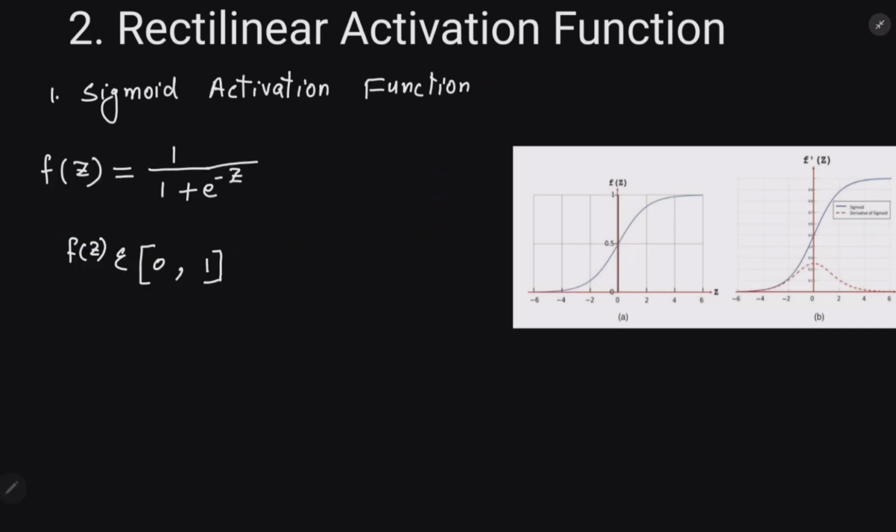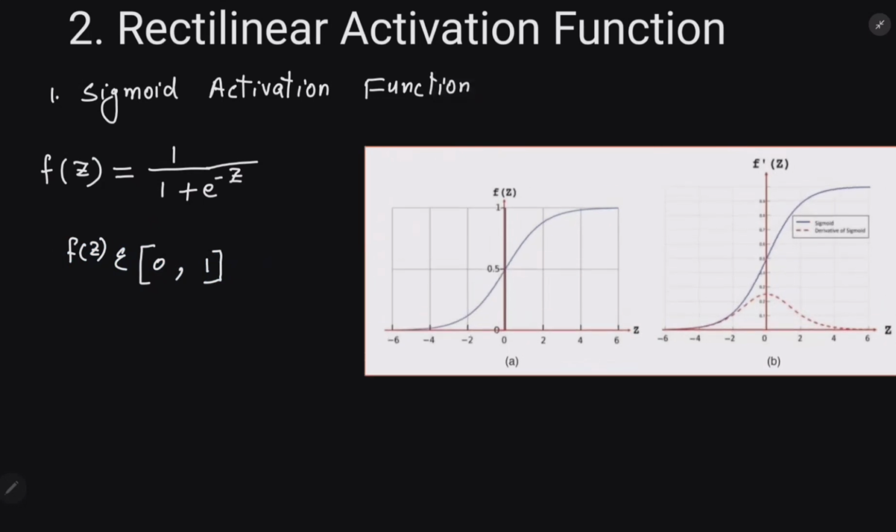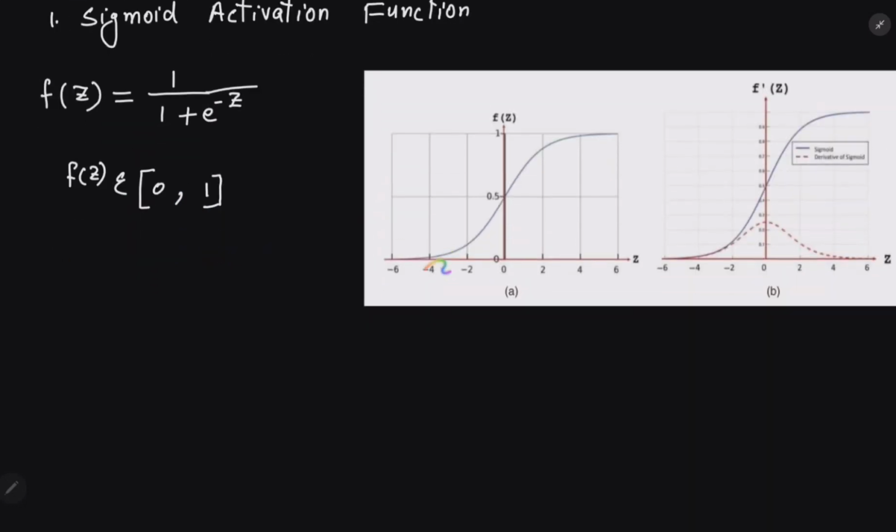This is obvious from this figure. You can see that when z approaches minus infinity, the function has a 0 value, and we also have a value of 1, right? So f of z is in the interval 0 and 1.